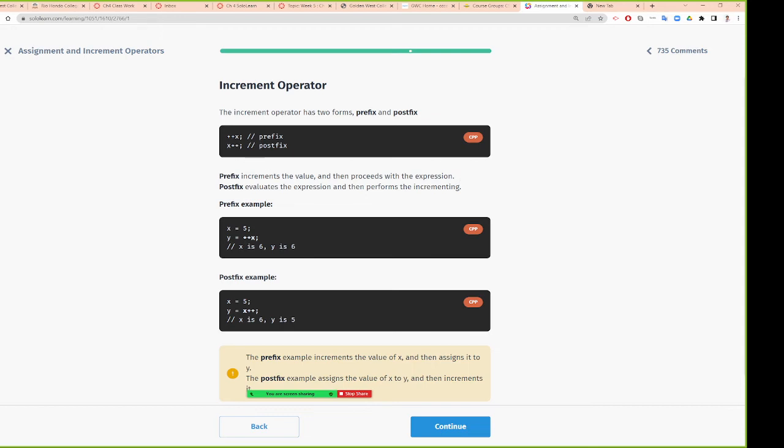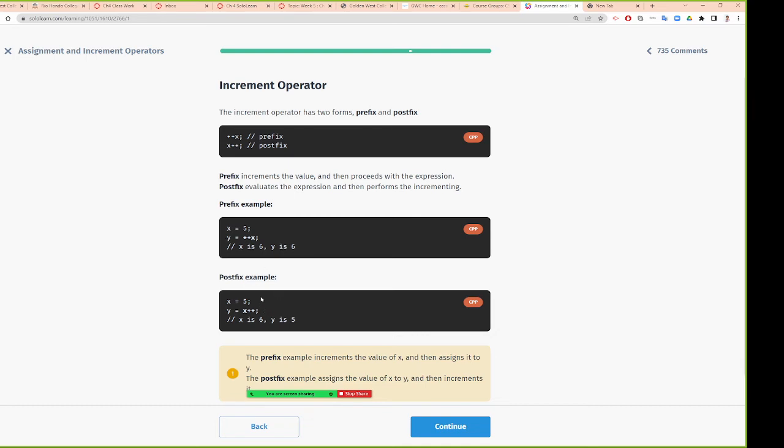And the postfix is I'm going to increment, but I will not have this answer right away. Let's take a look. X equals 5. Okay. Now if you do the plus plus in front, the value will change. You understand? So 5 will become 6 right now because it changed value and goes here.